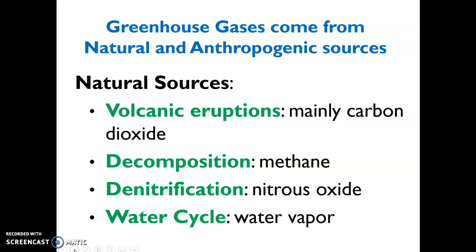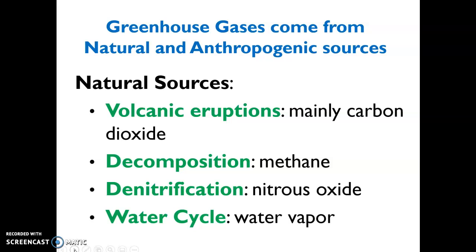So greenhouse gases, as we said, have been present on Earth and resulted in natural warming. So we'll look first at the natural sources, and then we'll look at the anthropogenic sources. Some of the natural sources include volcanic eruptions, which mainly release carbon dioxide, decomposition, where plants die and are broken down by bacteria anaerobically, producing methane.